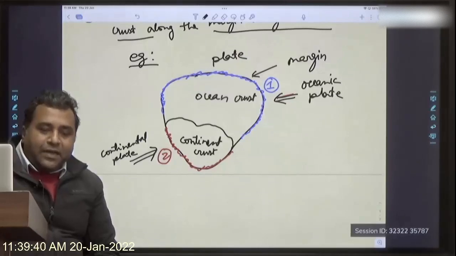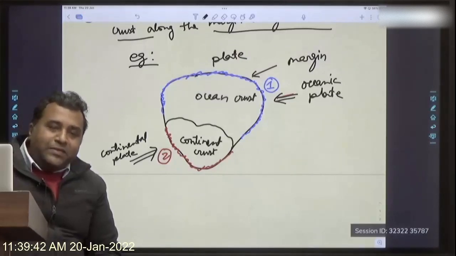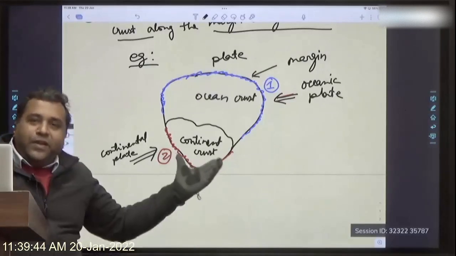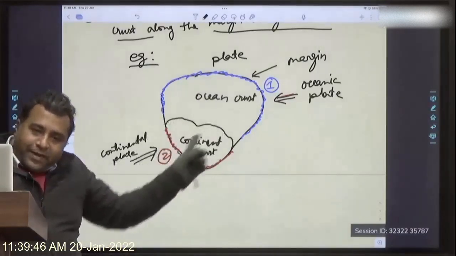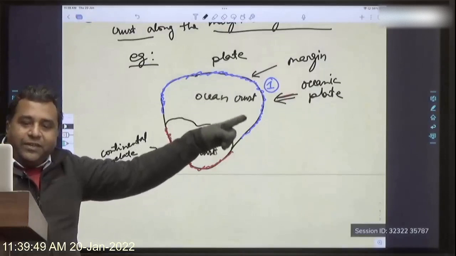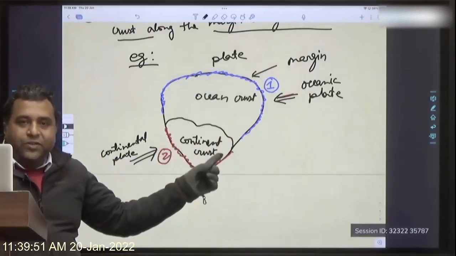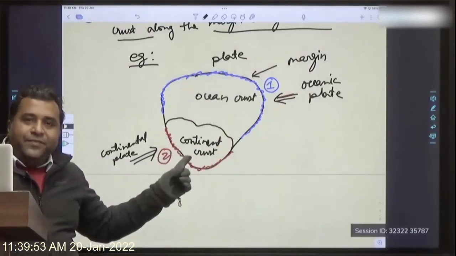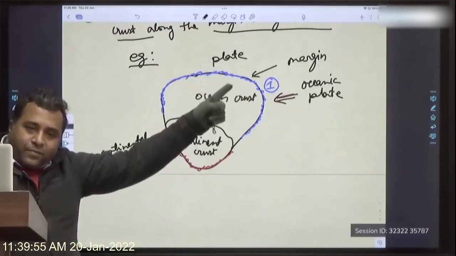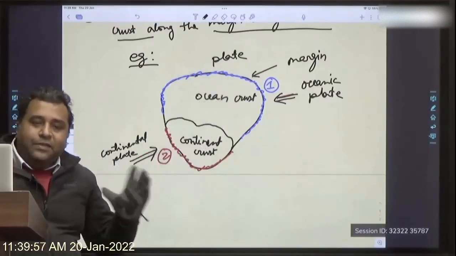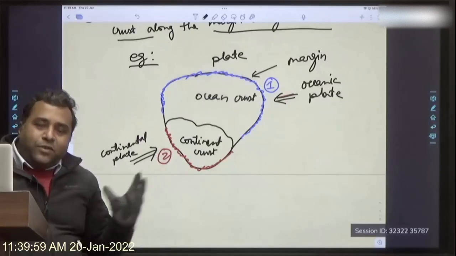Partially clear. Okay, what happened Nikunj Gupta ji, why is it partially clear? I have tried to make it so simple. You have one plate. On the plate, you might have oceanic crust on one side, you might have continental crust on another side. From the continental crust side, we call it as continental plate. From the oceanic crust side, we call it as oceanic plate. Now, what is the rocket science in this?